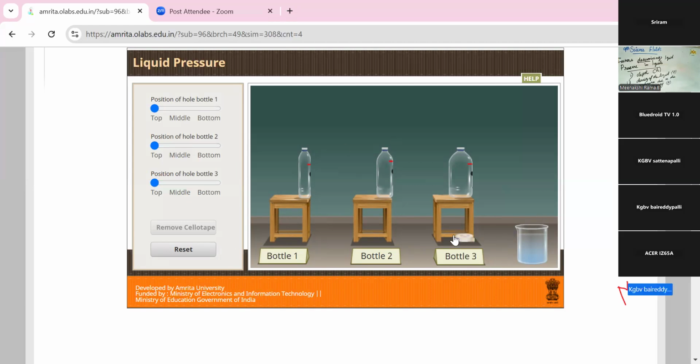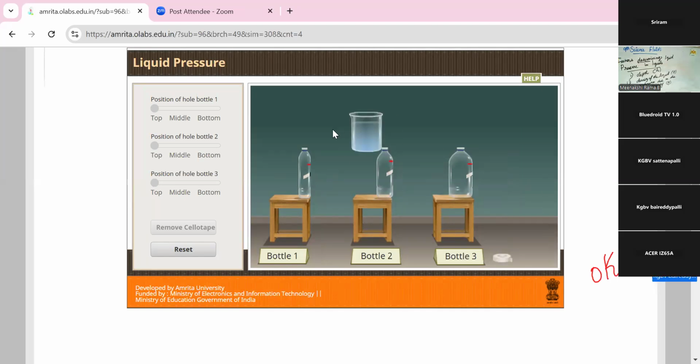I close the holes of the bottles with the help of sellotape. These are different kinds of bottles, but I select the holes in the same position in all the bottles, and close the holes.